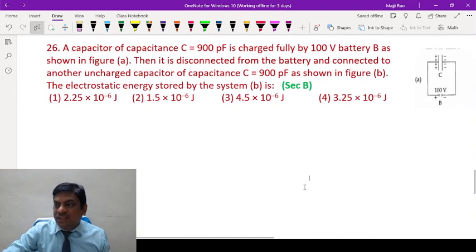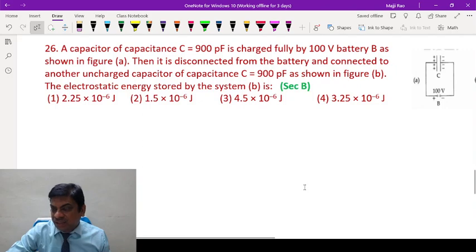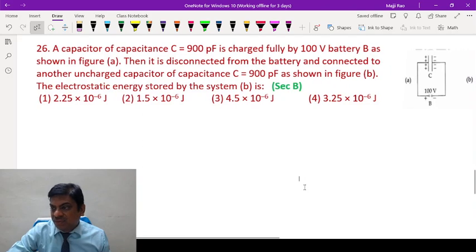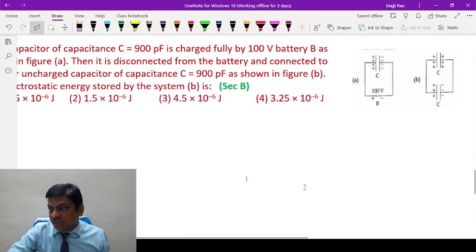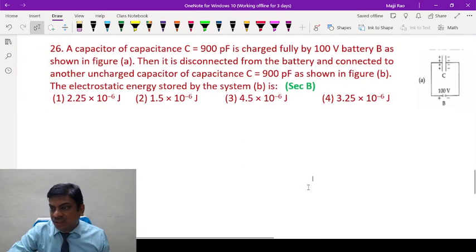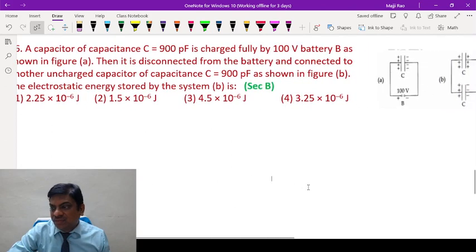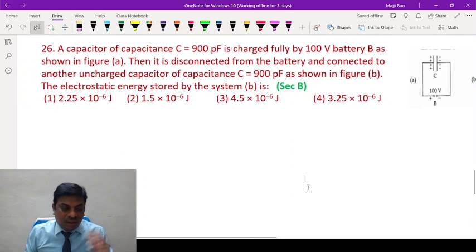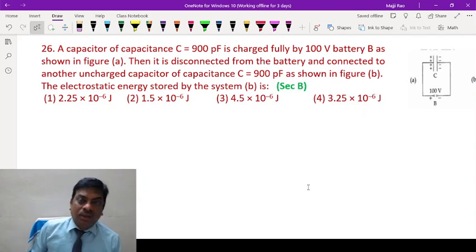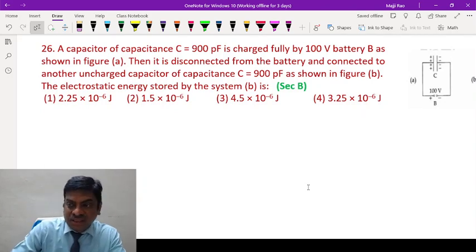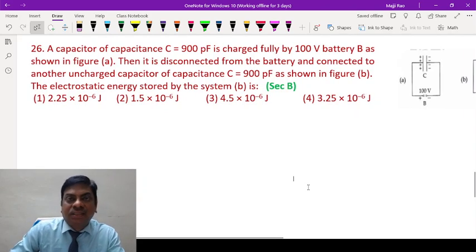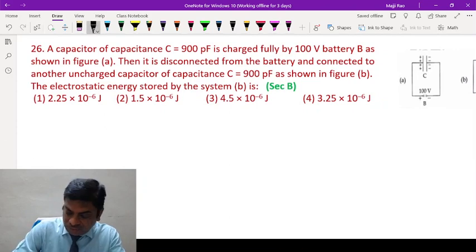Then it is disconnected from the battery and connected to another uncharged capacitor of capacitance C equal to 900 picofarad as shown in the figure. The electrostatic energy stored in the system will be. Now student, this is a factual based question. Even though I'll derive everything, I would advise you to memorize these things so that you save time in the exam hall.